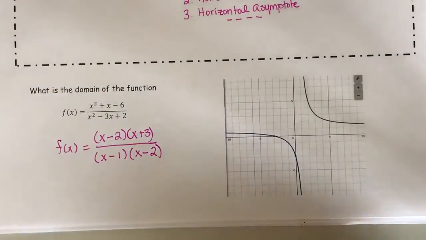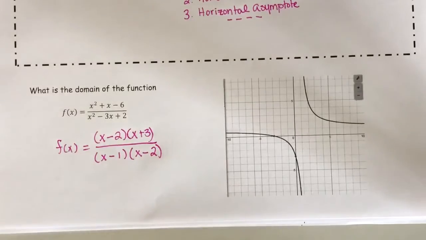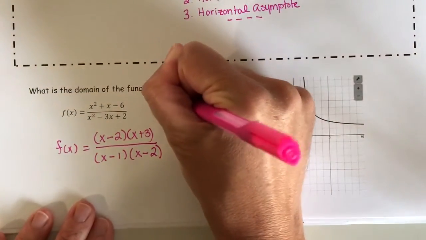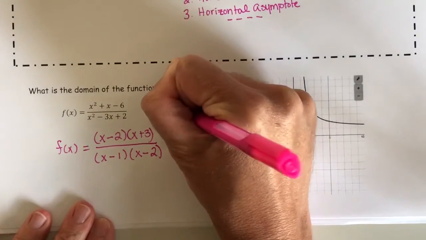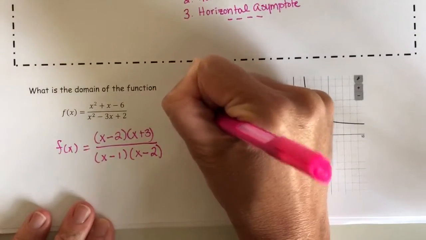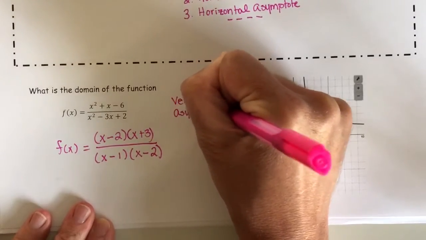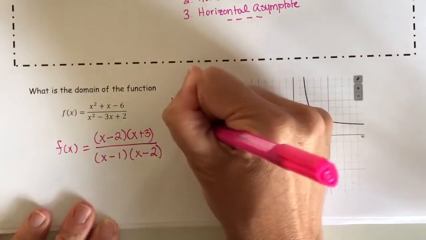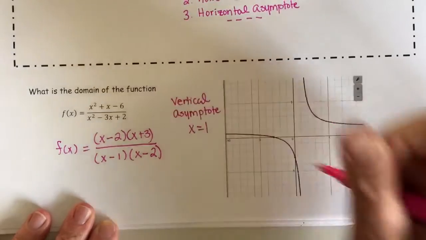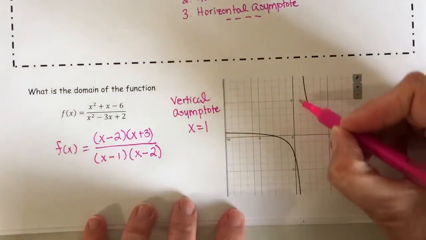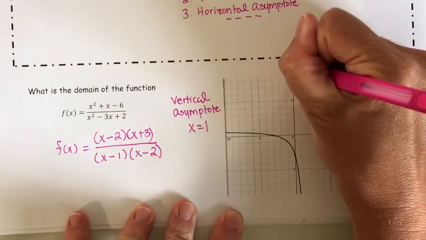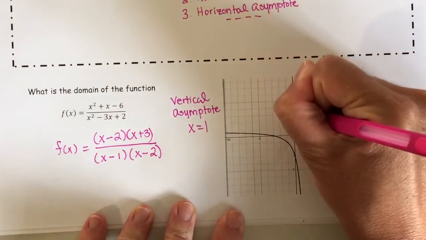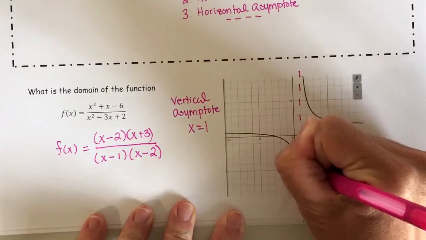Now, if you look at the function that you have graphed here, it appears that we have a vertical asymptote at x is equal to 1. So at x is equal to 1, we have this imaginary vertical line that we cannot see, and you see that the graph does not exist there.